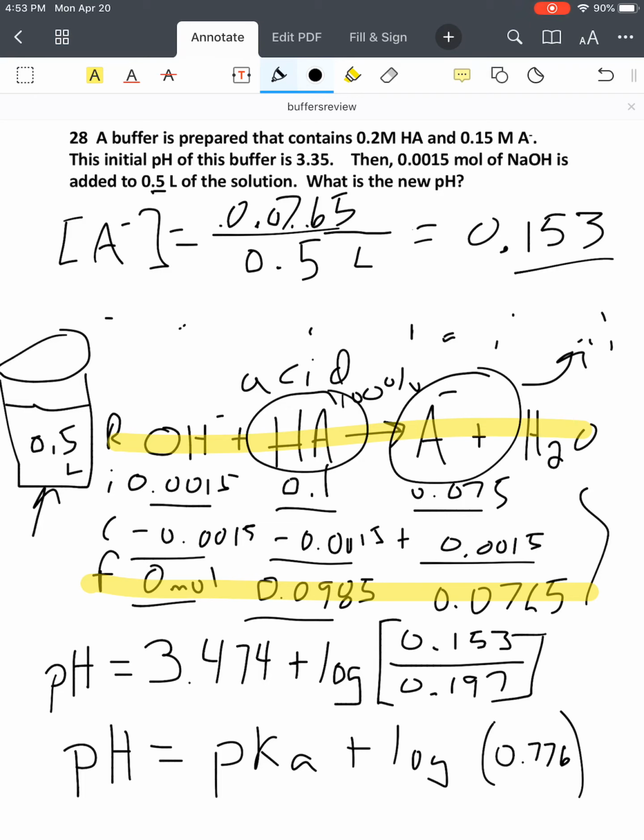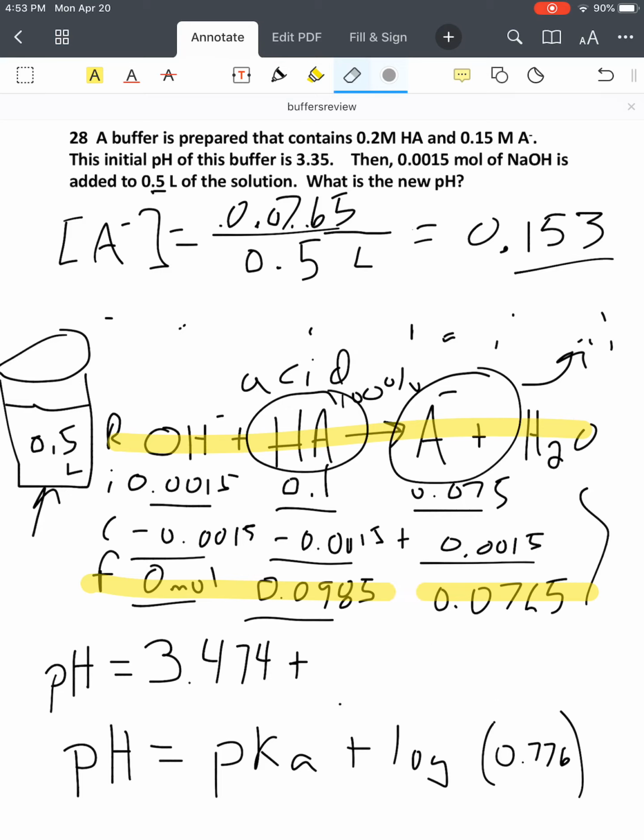Now I'm going to take the log of 0.776, and when I did that on my calculator, I get 0.1098. Ooh, I took the negative log by accident. So this actually should be a negative sign. You get negative 0.1098.